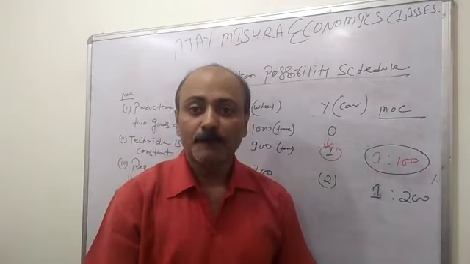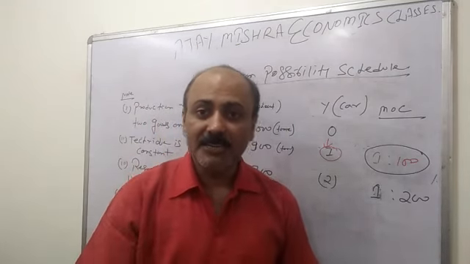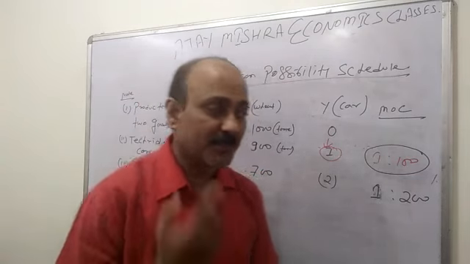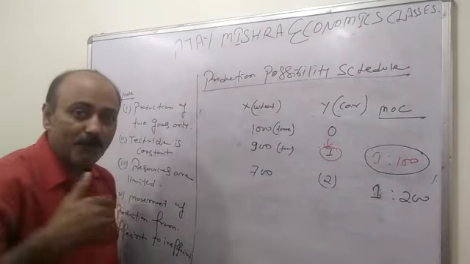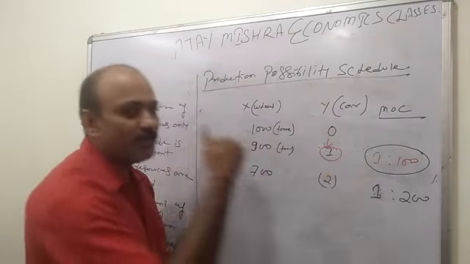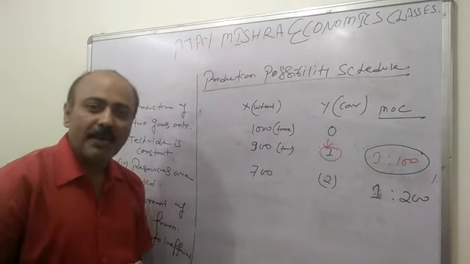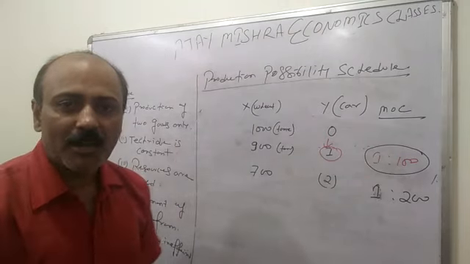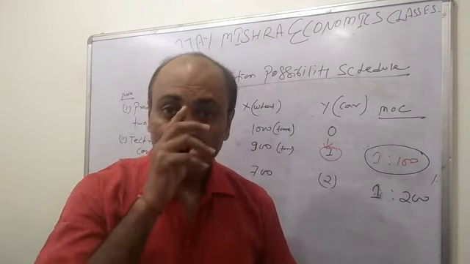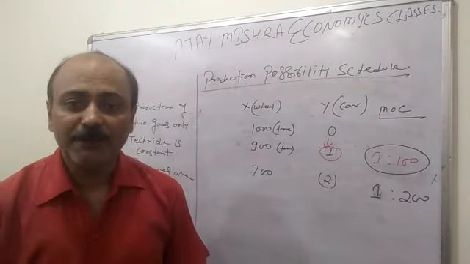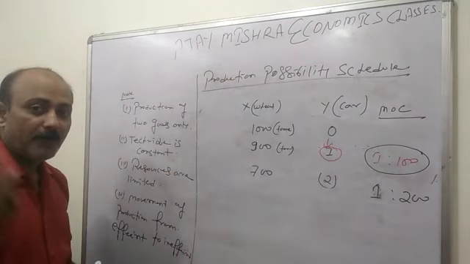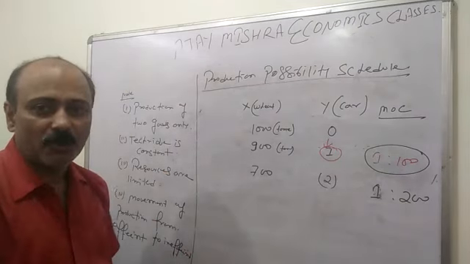When they move from efficient to inefficient, they require more resources. That's why for every additional unit of car, we have to sacrifice more and more units of production of wheat, because we are shifting from efficient to inefficient. This is the key word. Remember, not for today, not for class 11th only.